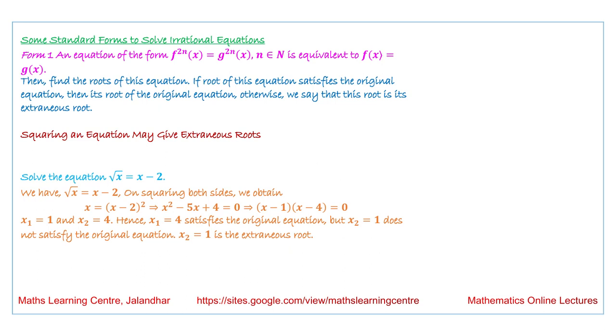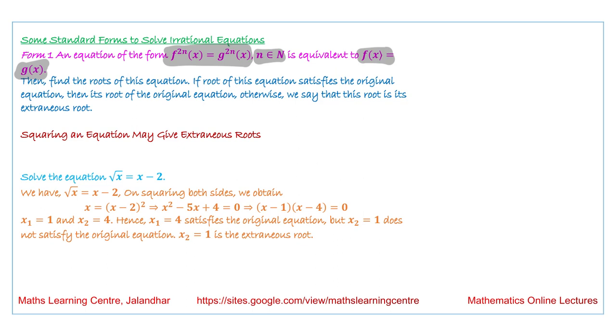Next are some standard forms to solve irrational equations. Now the first form is, if the equation is given in the form with functions f(x) and g(x), f raised to the power 2n of x is equal to g raised to the power 2n of x, n belongs to N. This system is equivalent to the system f(x) is equal to g(x).